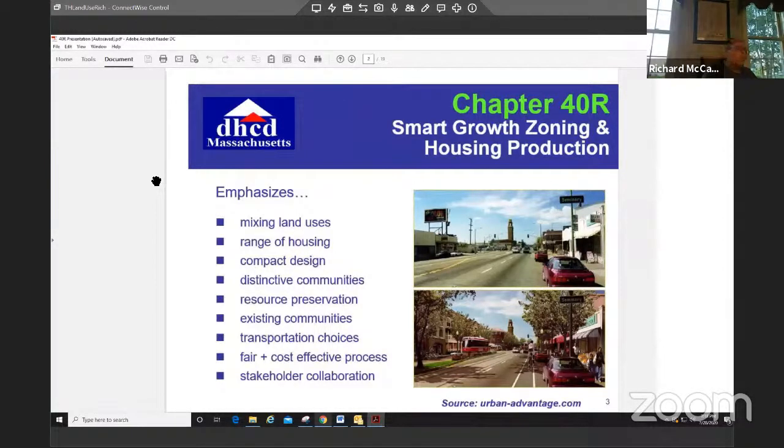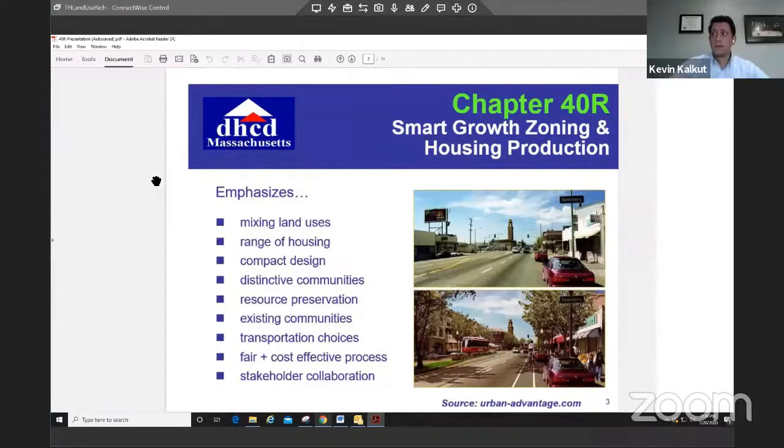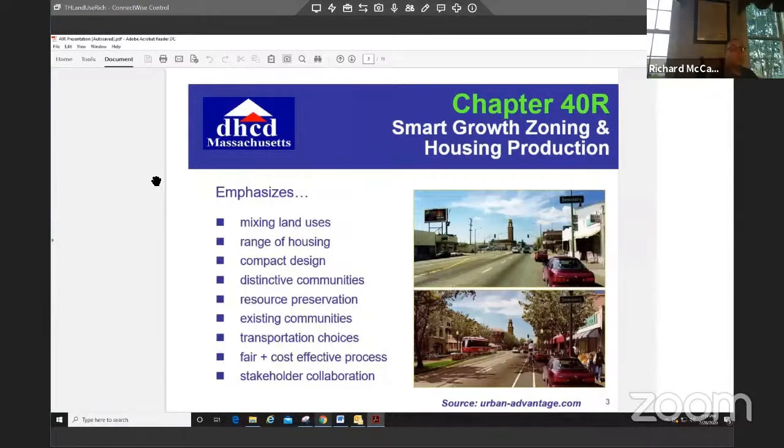Having the 40R district could be a tool where perhaps the property owner, as they learn more about the 40R district, may want to work with the town on the creation and ultimate adoption of the 40R district, which is pretty common in a lot of the other 40R districts that have been developed throughout the state.